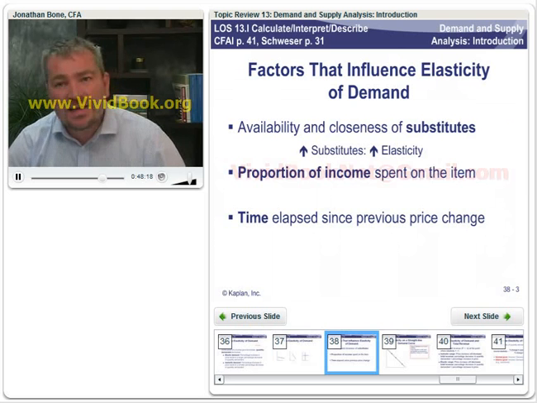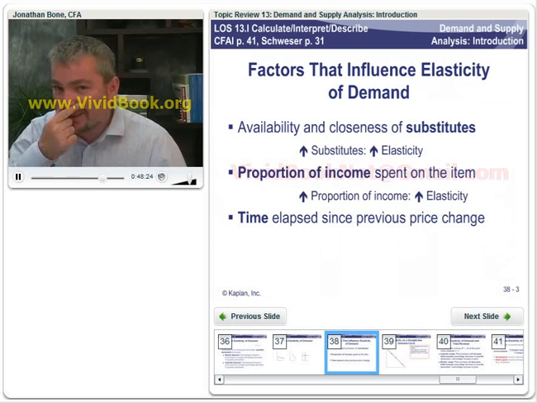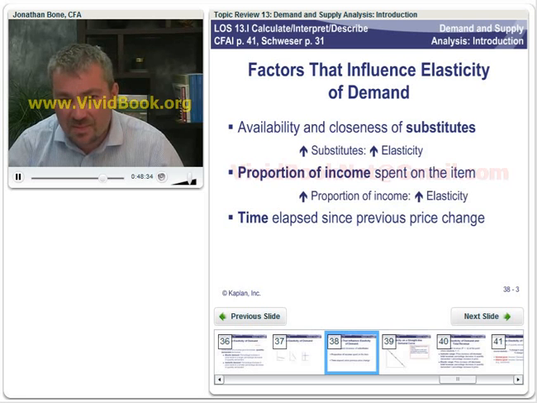Proportion of income spent on each item. The argument here is the greater the proportion, the greater the elasticity. So for example, let's say each Friday night I go out after class and buy myself some sweets in a sweet shop. It's probably more likely to be beers, but we'll talk about those issues some other time.